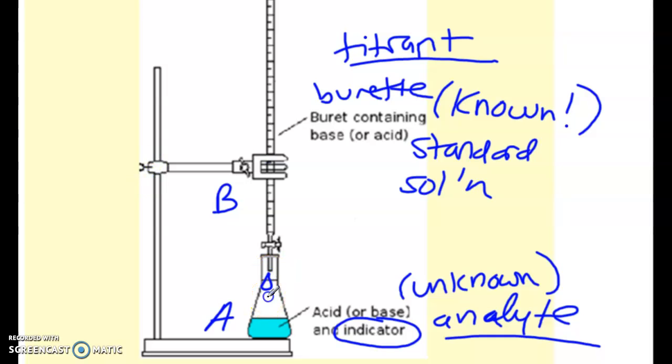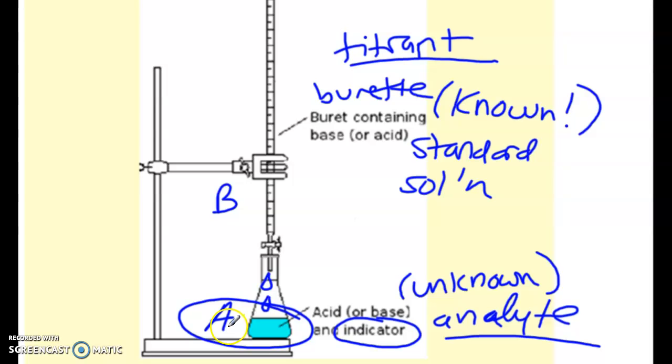What we're going to do is add drops of our base until we completely neutralize this acid. We want all of the acid to fully react with the base. So you only want to add just enough until the base and acid have fully reacted, reaching the neutralization point.